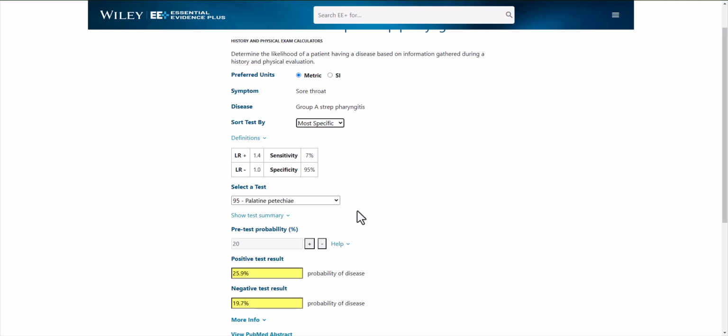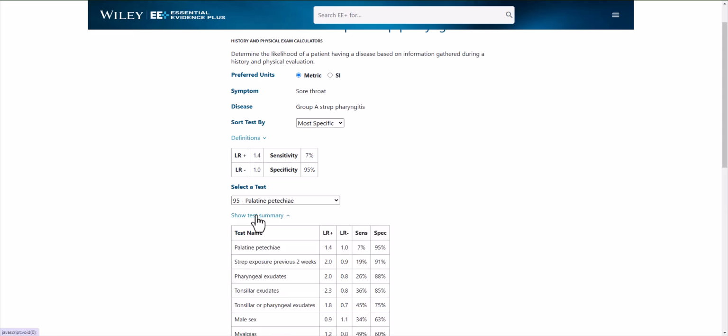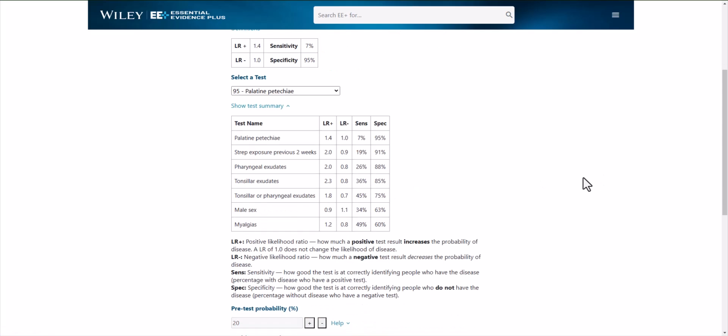And if you don't necessarily want to look at this calculator by individual tests, you can click here to show the entire test summary. So if I click this link that says show test summary, it's going to just basically expand it to all of these tests.